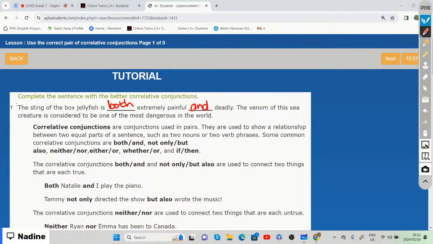So the pair that we're using is both or and. And remember, we use both or and to connect two things that are each true.